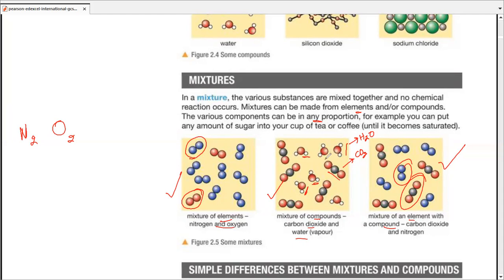For example, if I talk about your daily life, I would take a salad, a fruit salad or a vegetable salad, as a good example of a mixture. Let's assume that your mom asks you to make a fruit salad. What I've seen children doing is that they tend to fill it up with the fruits that they like, and with the least amount of the fruits that they dislike.